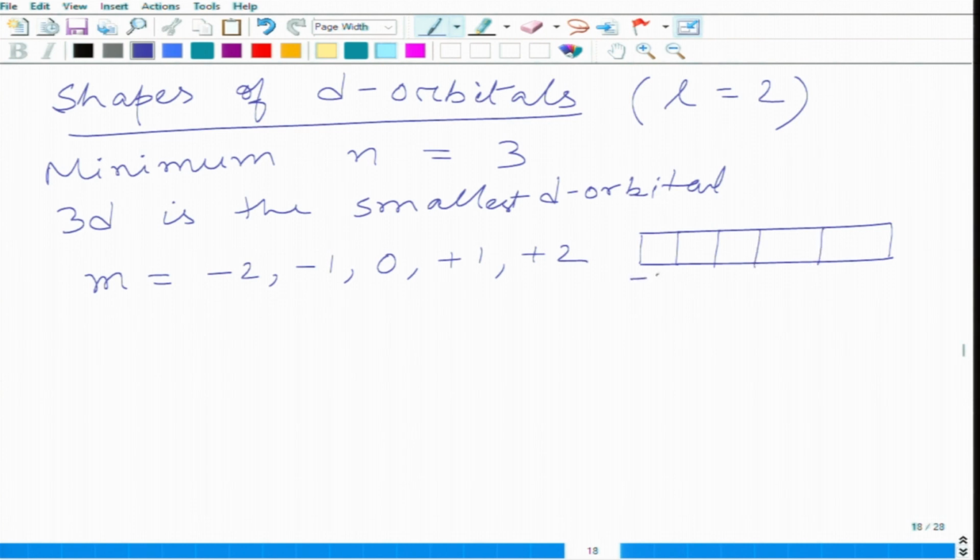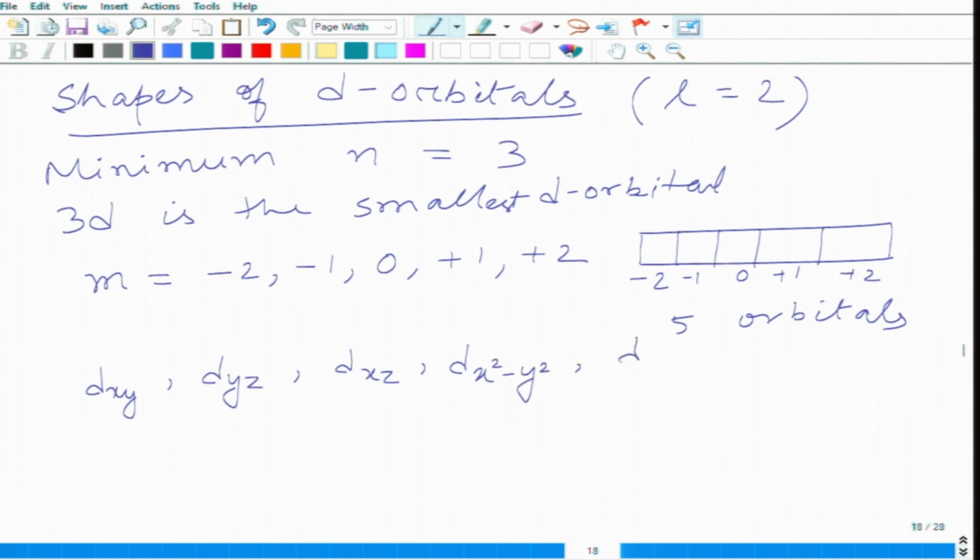That is 5 orbitals. Now, these 5 orbitals are dxy, dyz, dxz, dx square minus y square and dz square.